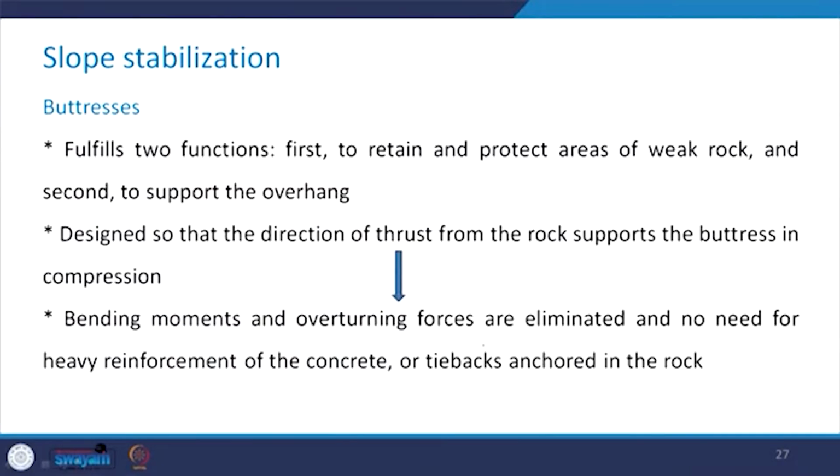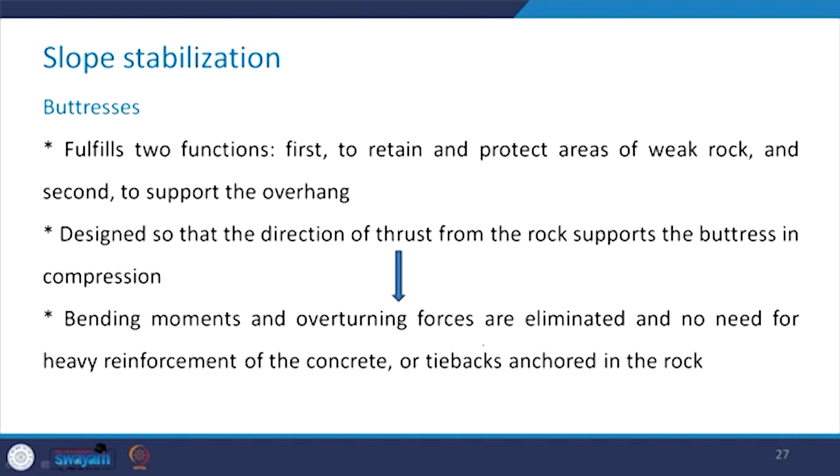How? See, these buttresses fulfill two functions. First is to retain and protect the areas of the weak rock, and second is to support the overhang, because when the cavity is created, the portion which is there on top of that will be kind of an overhang, and when you provide the buttress, it supports that overhang.